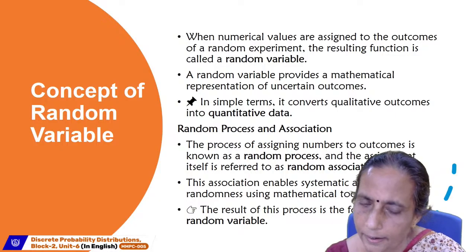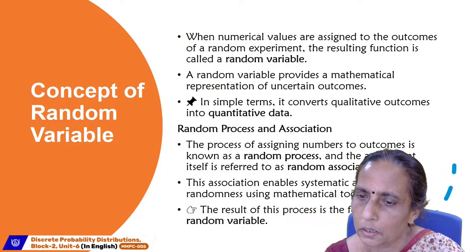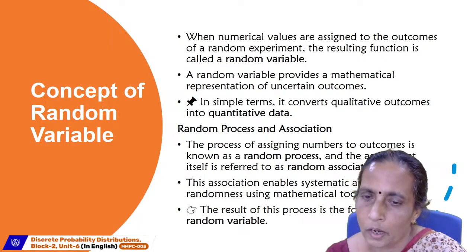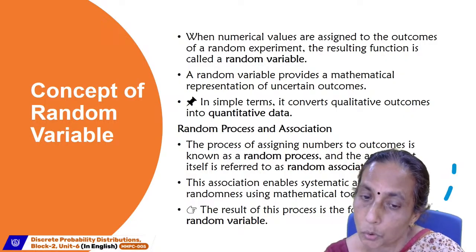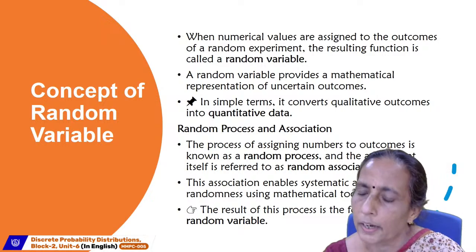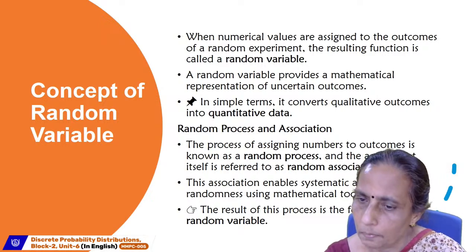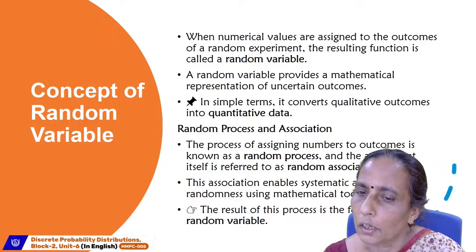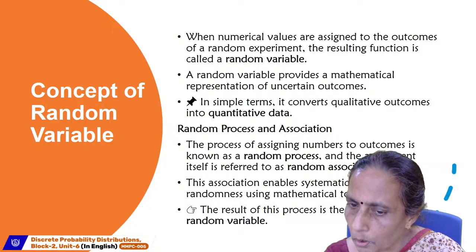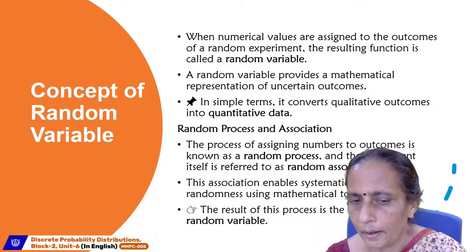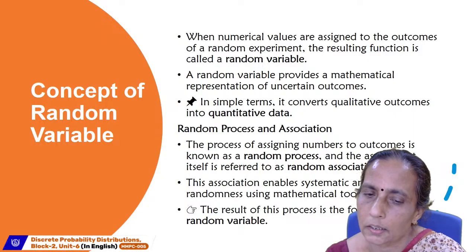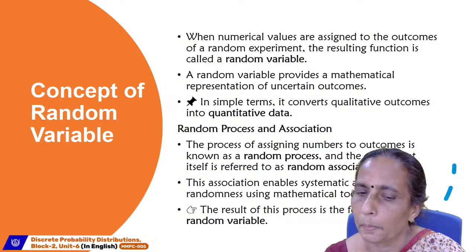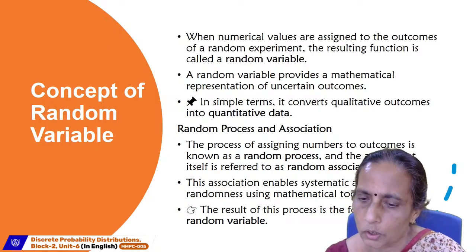The process of assigning numbers to outcomes is known as a random process, and the assignment itself is referred to as random association. This association enables systematic analysis of randomness using mathematical tools. The result of this process is the formation of a random variable.